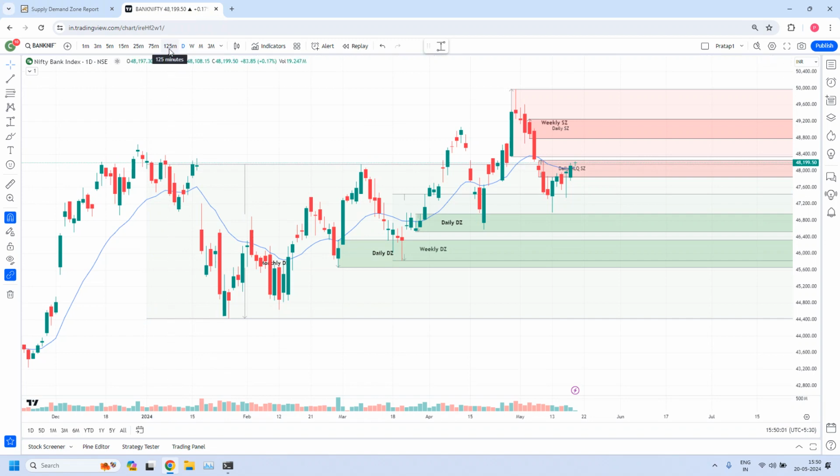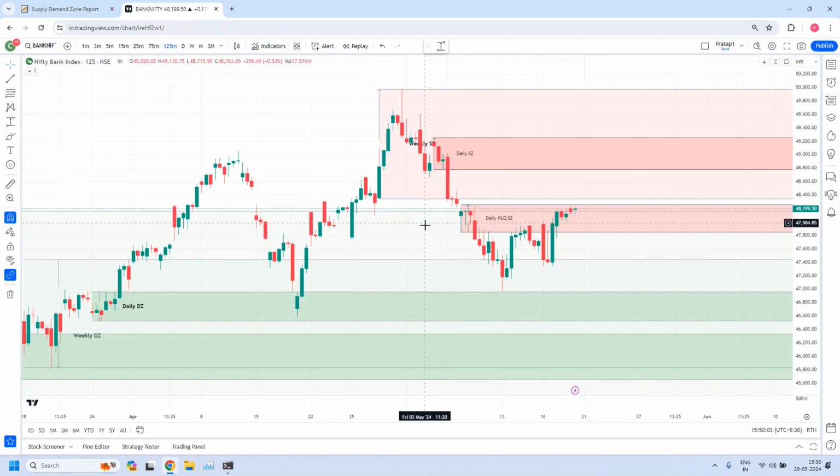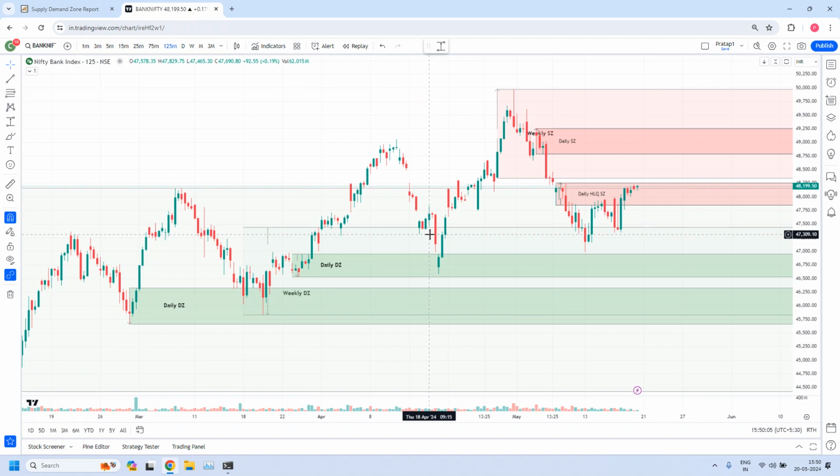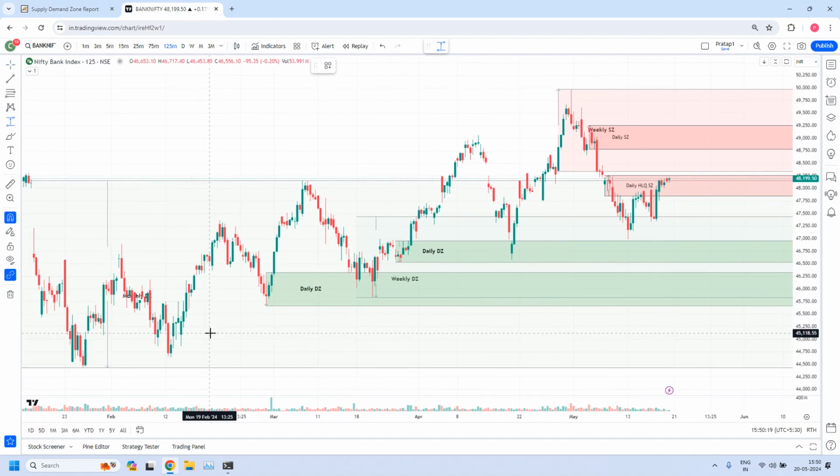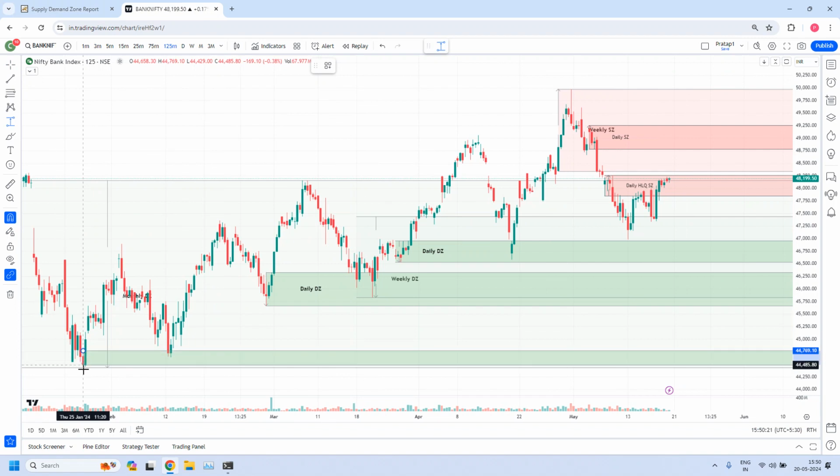I'm sorry, I didn't change the time frame. That's why I'm wondering. So somewhere here. 25 January 9:15. This is a drop base rally.